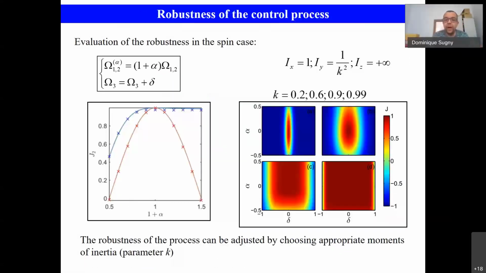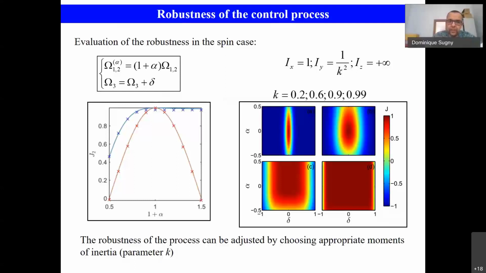So we can also verify the robustness issue. For instance, here we consider two standard robust parameters: alpha, which corresponds to the control field inhomogeneities, and delta, to the inhomogeneities of the offset.